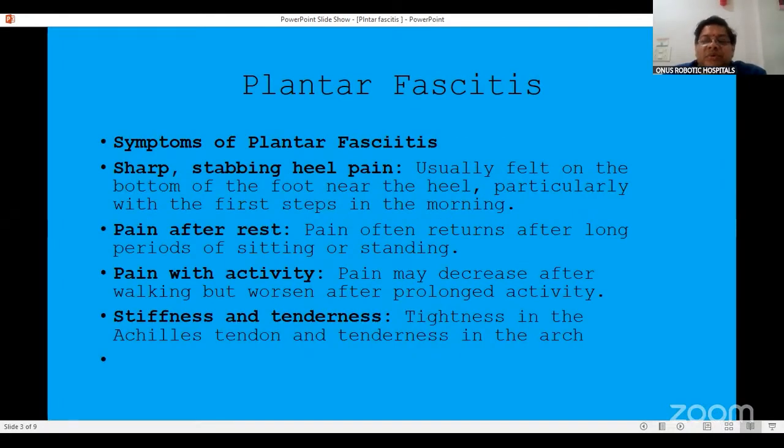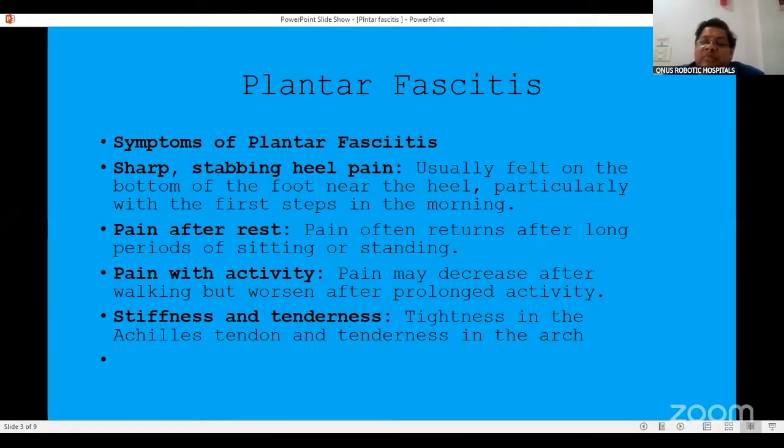So what are the main symptoms of plantar fasciitis? Sharp stabbing heel pain is a very late symptom. It's not present in everybody, but you will find it commonly in very late, very severe cases. In the initial stages, you will have pain after rest.